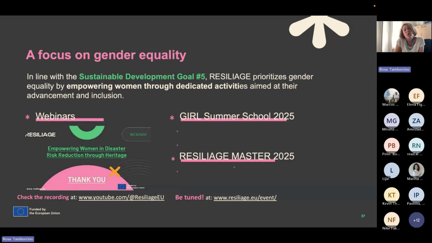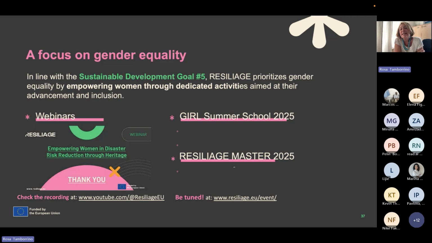In our project we have also considered it relevant to develop a focus on gender equality, as I mentioned, and we have developed webinars and other kinds of activities. We have developed and we will develop more in the near future.